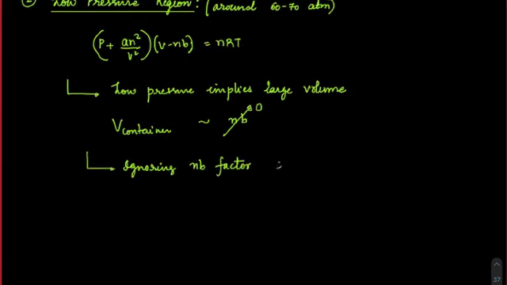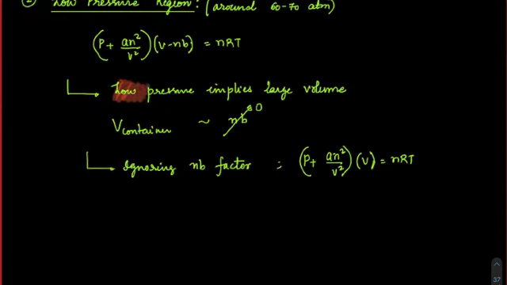So which implies we can write (P + a n² / V²) into V is equal to nRT. The reason for ignoring that is that the particle size, as compared to the volume of the container, is too small when we are taking this at low pressures.